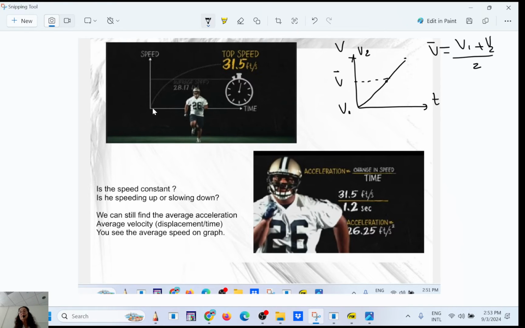So he goes from 0 to 31.5 feet per second in 1.2 seconds, which is very good. I cannot do that, but that will give you the average acceleration. Okay, so every second he is going 26.25 feet per second faster. Just to give you an idea of what an acceleration is, that means you are moving faster.